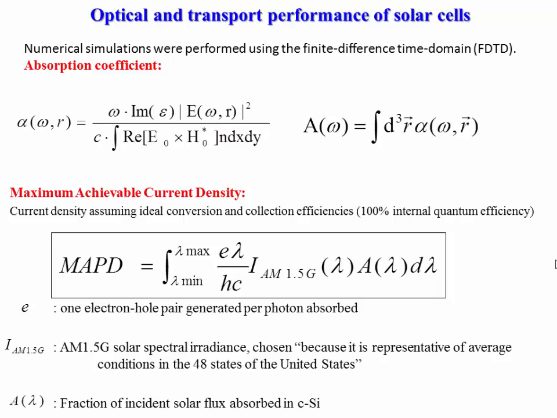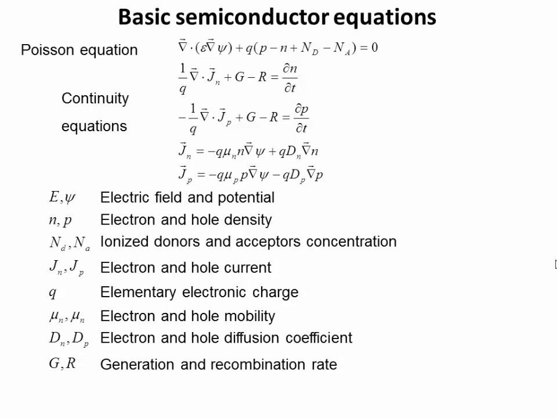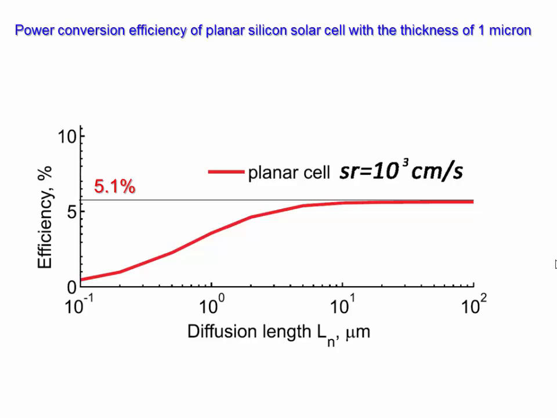So we integrate the absorption we obtain in the frame of the FDTD algorithm with the solar irradiance spectrum, and we get the MEPD. In order to obtain the power conversion efficiency of our solar cell, we solve basic semiconductor equations, which probably both of you are familiar with. Before I start talking about my structure, I would like to give you some reference numbers.